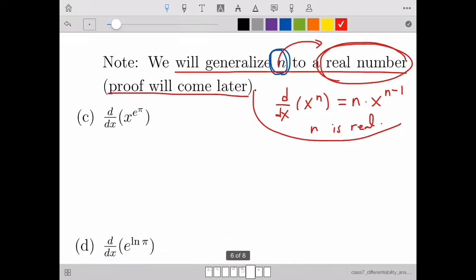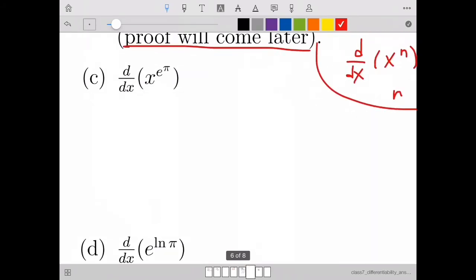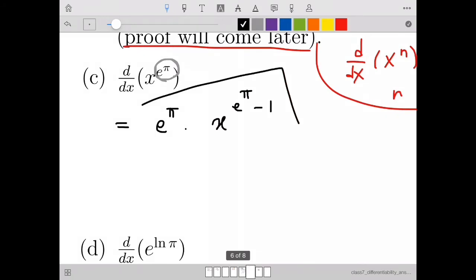So for example, e to the pi is a real number, right? Therefore, the derivative is n times x to the n minus 1 is the derivative.